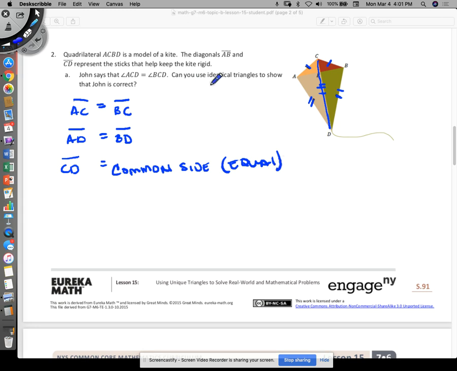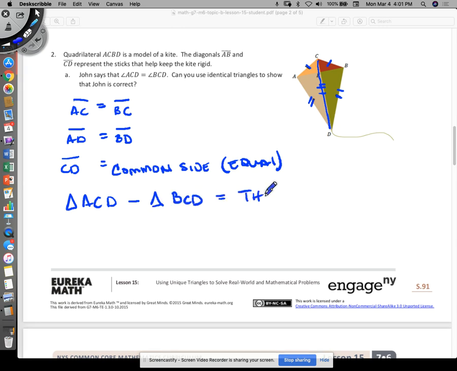So therefore, can you use identical triangles to show John is correct? So remember up above we said yes, he was correct. Well, here's an actual picture of his kite. So we're going to say that triangle ACD corresponds to triangle BCD.